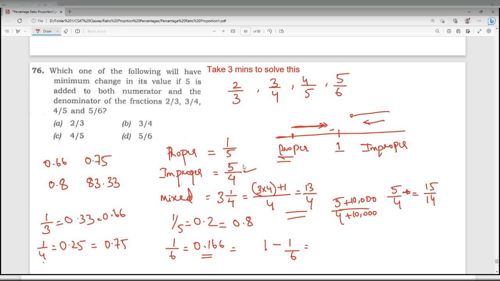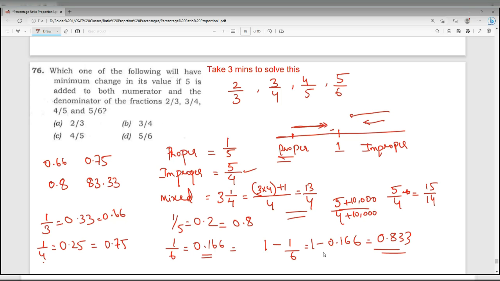So from 1, if I subtract 0.166, this would be 0.833.